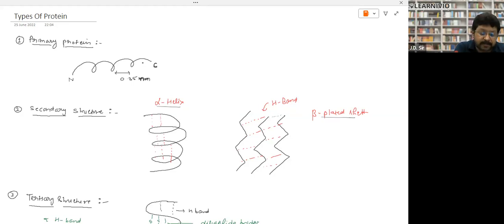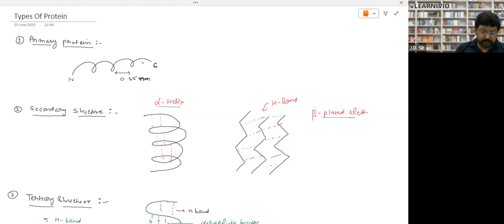The distance between two adjacent polypeptide bonds is about 0.35 nanometer. Right?